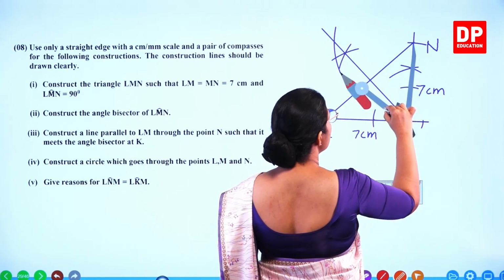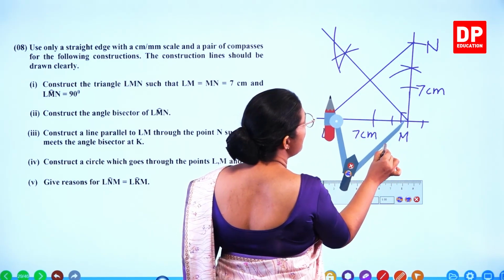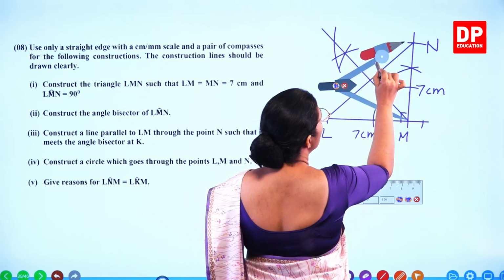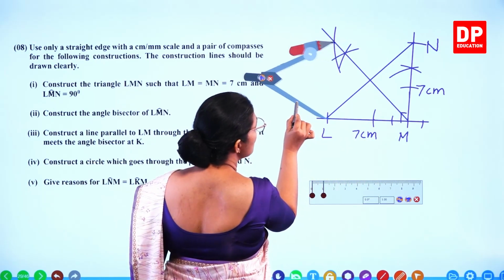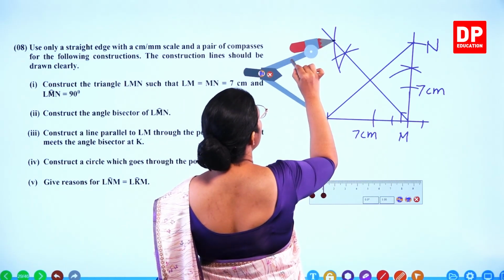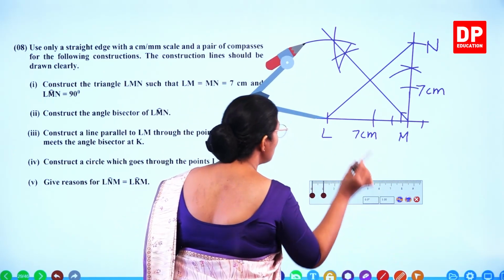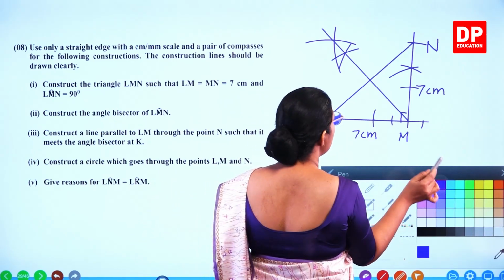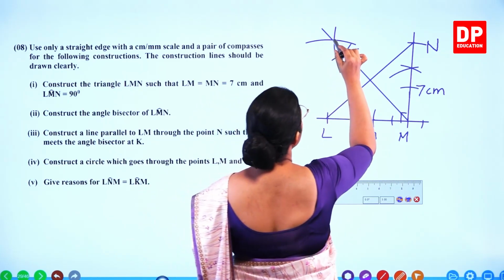Then the distance from here to here, M to N, should be the same thing, 7 centimeter. That length should be equal to this length from L. So we can mark the point. So the intersecting point of the two arcs is the other point. Now here we can take this point and this one.